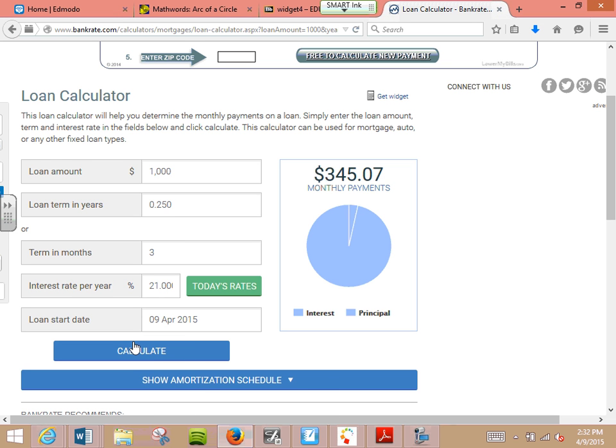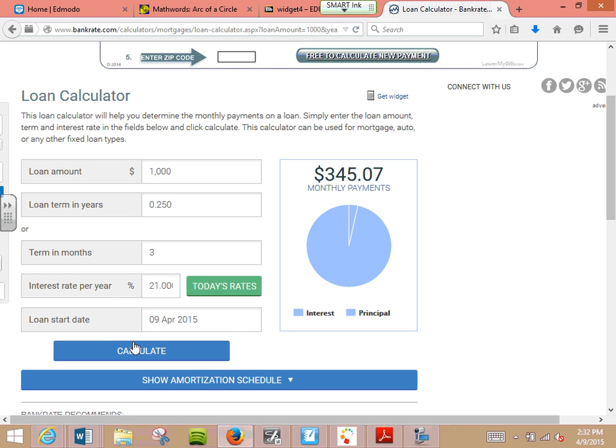All right, so I had to find a different calculator because the other one was kind of crazy. I can put it on the Edmodo site so you can get to it. But basically, you put the loan amount, and you know that he owes $1,000, and the term was 3 years.